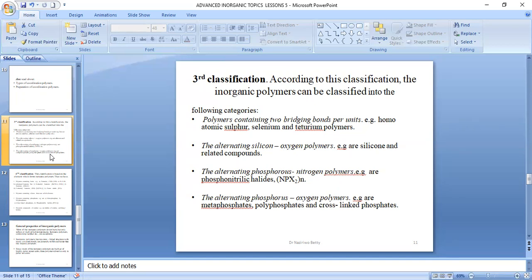Then the second category is the alternating silicon oxygen polymer. The third one, the alternating phosphorus nitrogen polymer. An example is the phosphonitrilic halides. Those are the ones we are going to look at in future lessons. Another category is the alternating phosphorus oxygen polymer. An example is the polyphosphate, metaphosphate, and others.